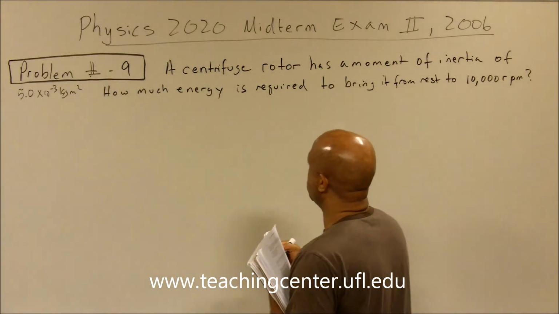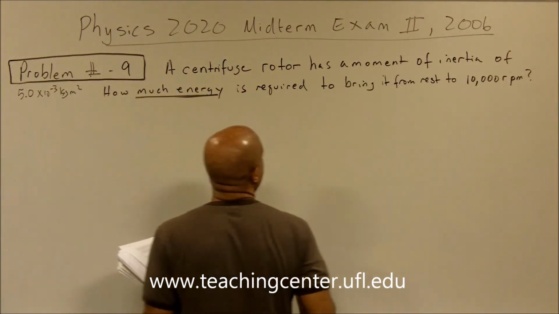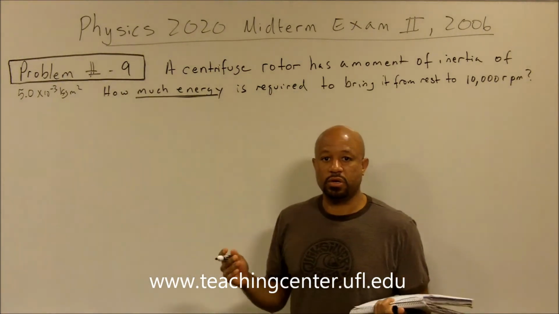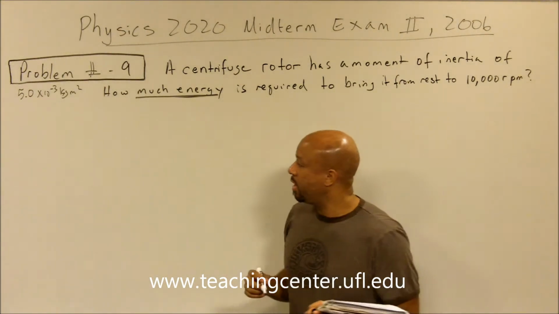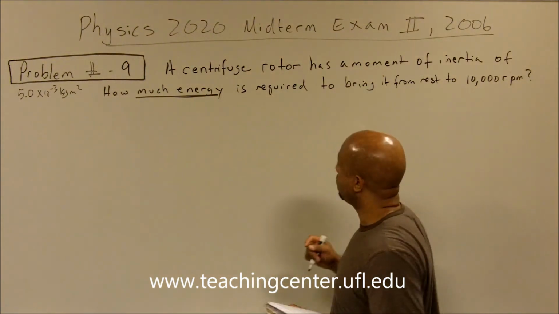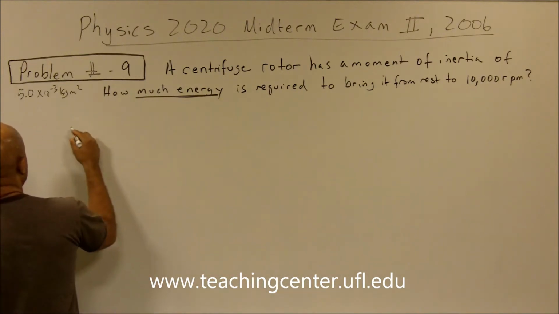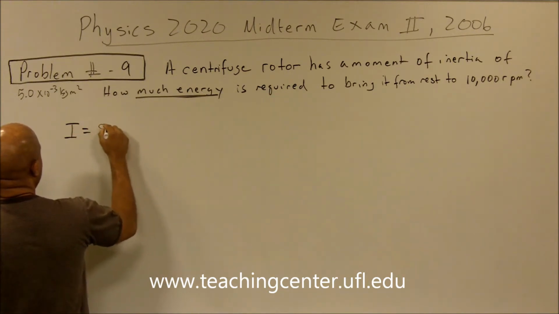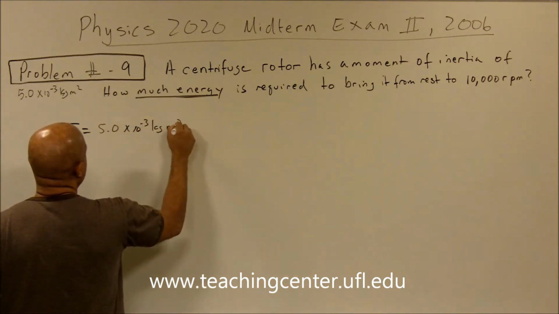Okay, so we're trying to determine how much energy is required to bring it from rest. So we're trying to basically figure out how much work is required. And what information are we given? We're given it has a moment of inertia, so we know that I is equal to 5.0 times 10 to the minus 3 kilograms meters squared.